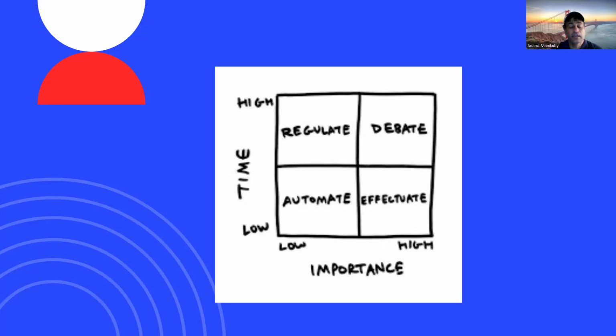So I would highly encourage you to give this matrix due consideration. And we have lots of other things as well in the talk.